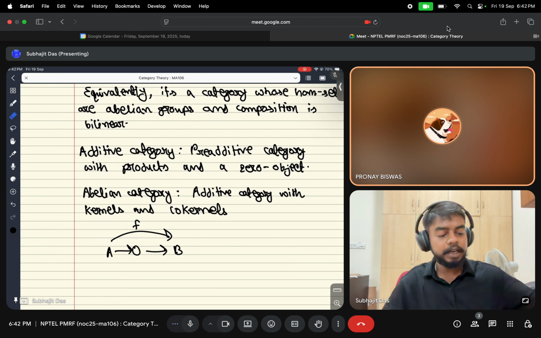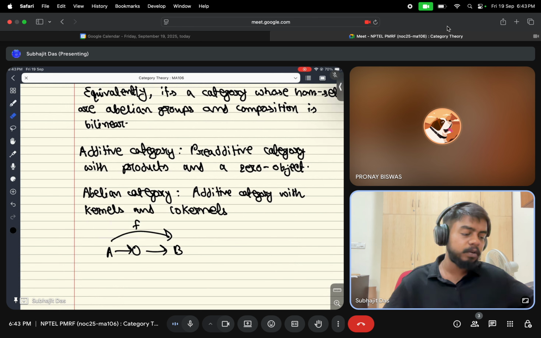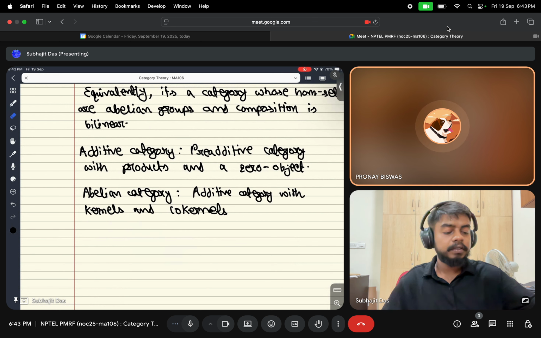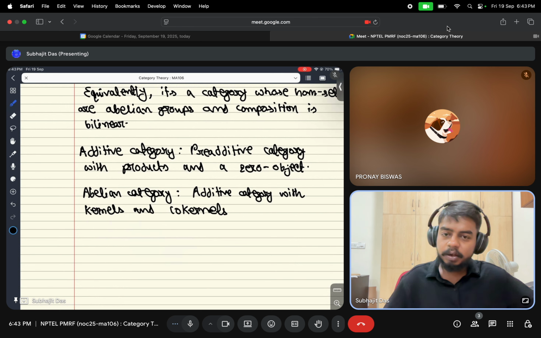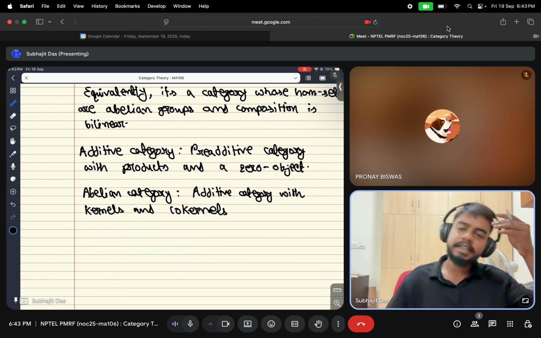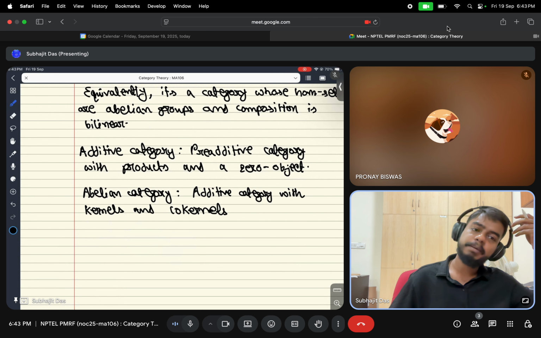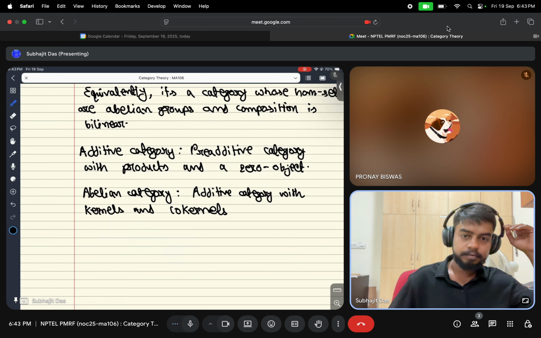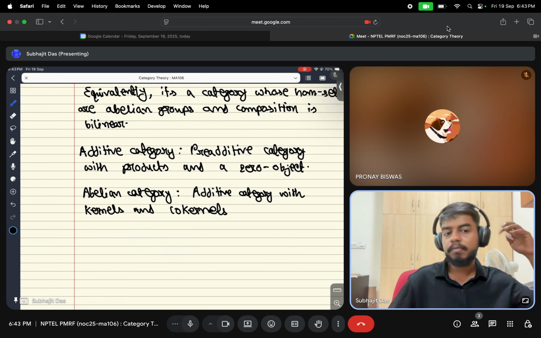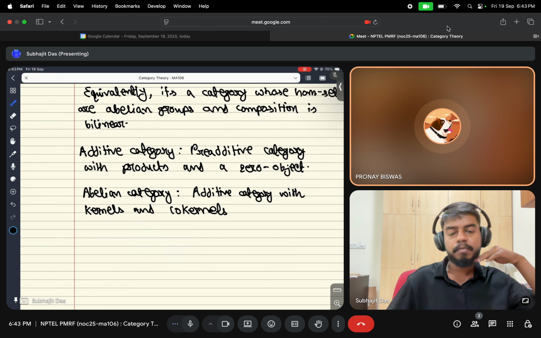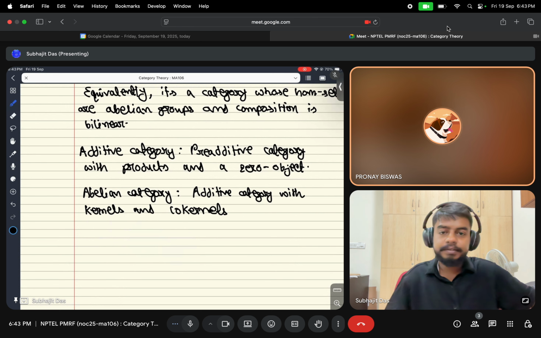And dually, if you take the co-equalizer, you get the co-kernel. So is this just all the axioms that is present for an abelian category, or is there something more? Yeah.